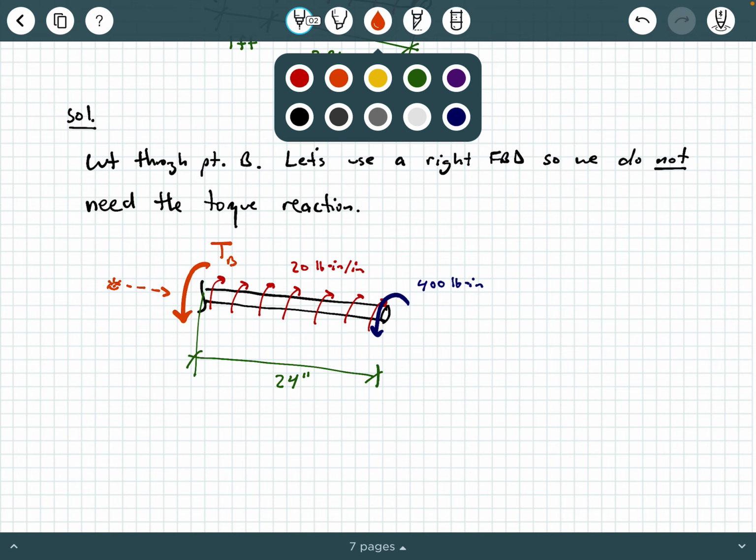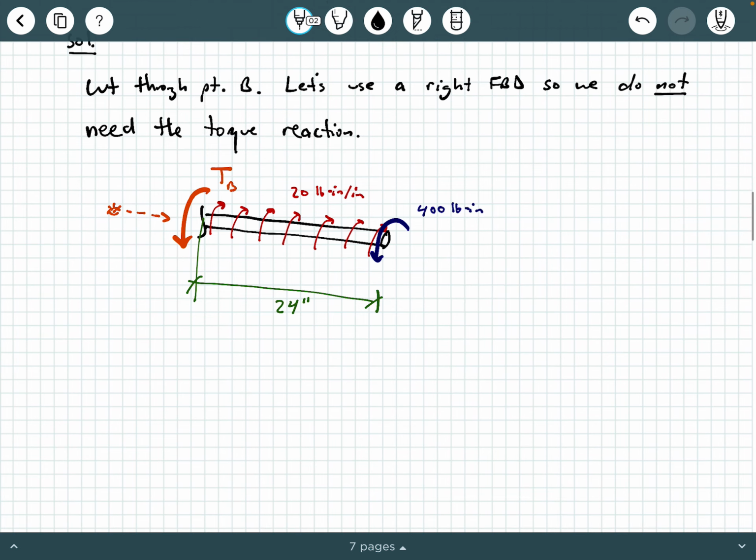And so what do we see? Well, we see a circular cross section, all right? And the first thing we're going to see is this TB that we're trying to find. All right, so again, if your eyeball is here and you're looking into the cut, this is a 3D view. What's the first thing you see? You see TB, but from this eyeball's perspective, TB is going clockwise.